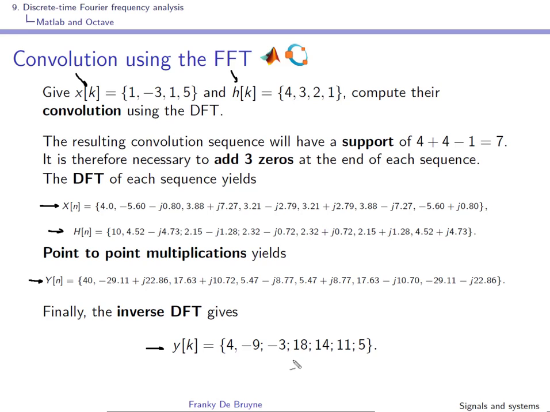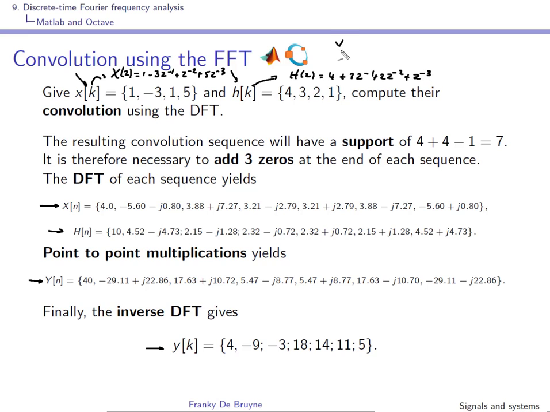If you want to check this by hand, you could do this by simply taking the Z transform of this one, so X(z), and this is quite simple. It's 1 minus 3z^-1 plus z^-2 plus 5z^-3. H(z) will be 4 plus 3z^-1 plus 2z^-2 plus z^-3, right?